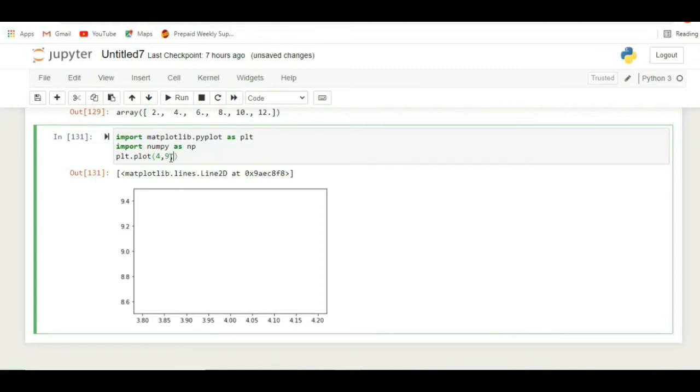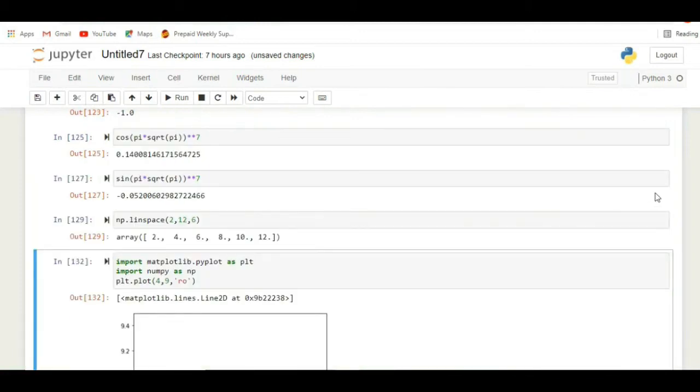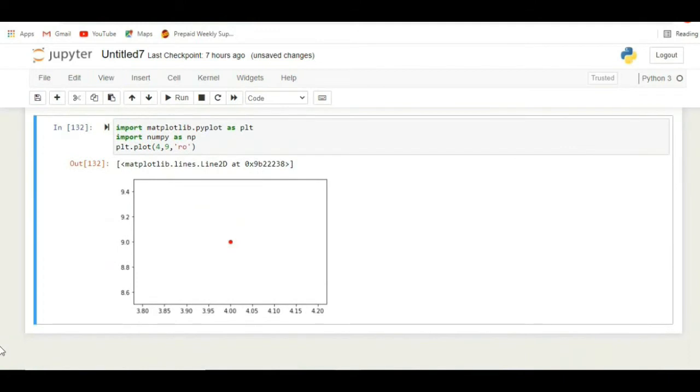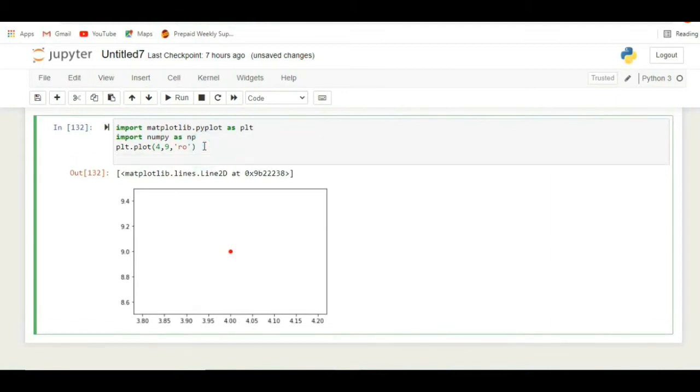But if we write inside a single quote 'o', then we can see the dot at 4 along x and 9 along y. This is the way to plot or represent a point in the coordinate axis by using matplotlib and numpy.